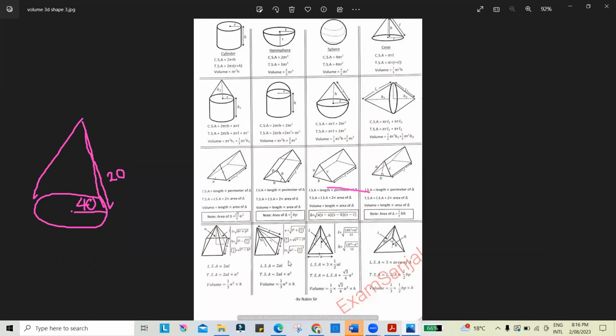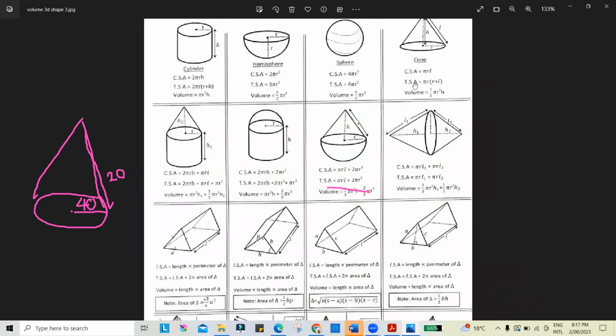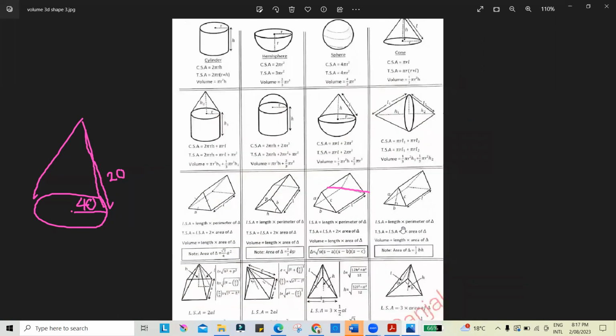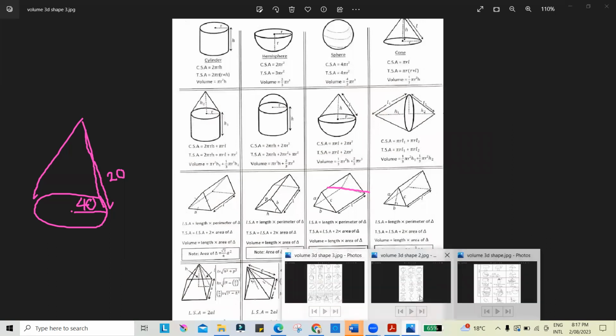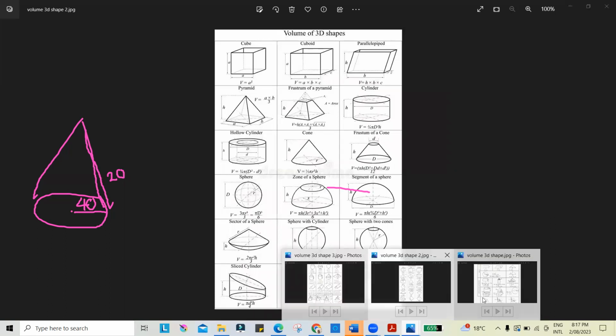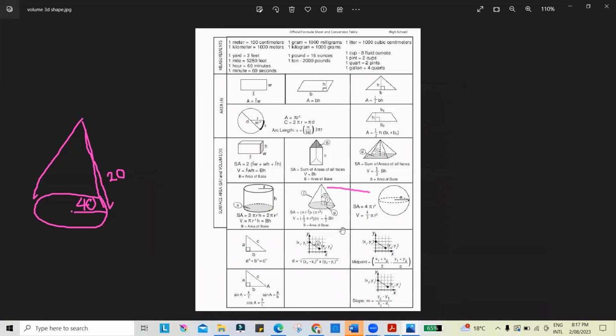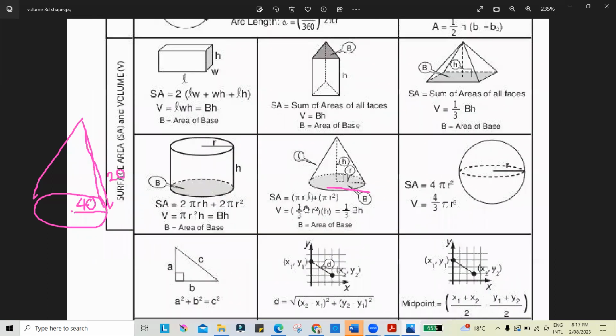Oh, yeah. This is given the volume. Okay. Surface area πrl plus πr², this one, right?